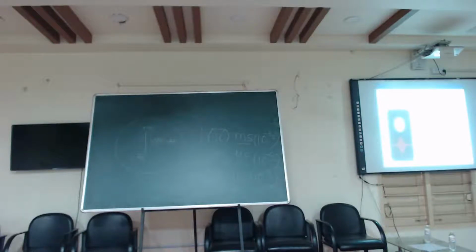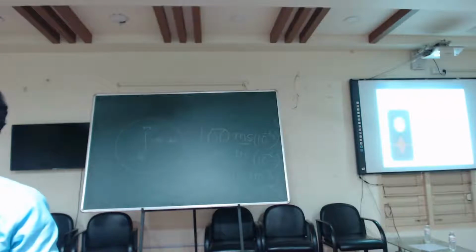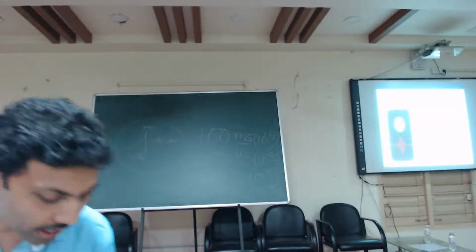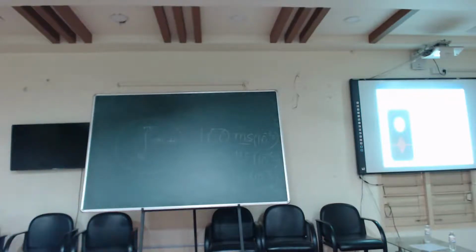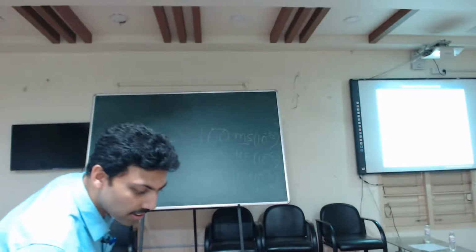How to achieve it? Again, I'm falling into the same dead end, right? So the way you can generate it, not by electronics or anything, is with the help of optical interference.